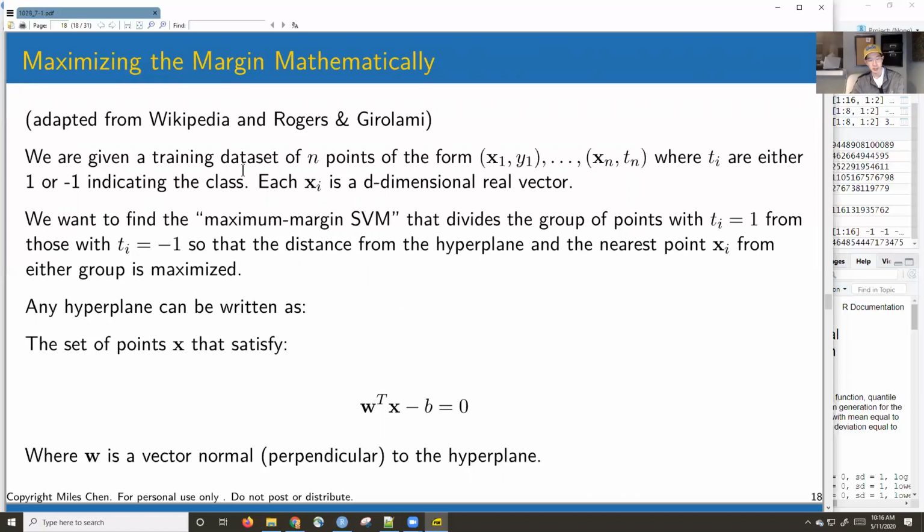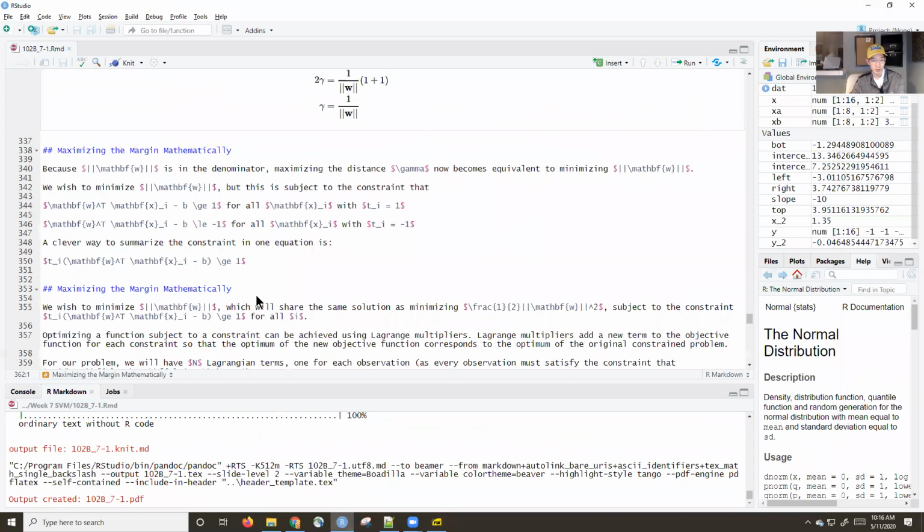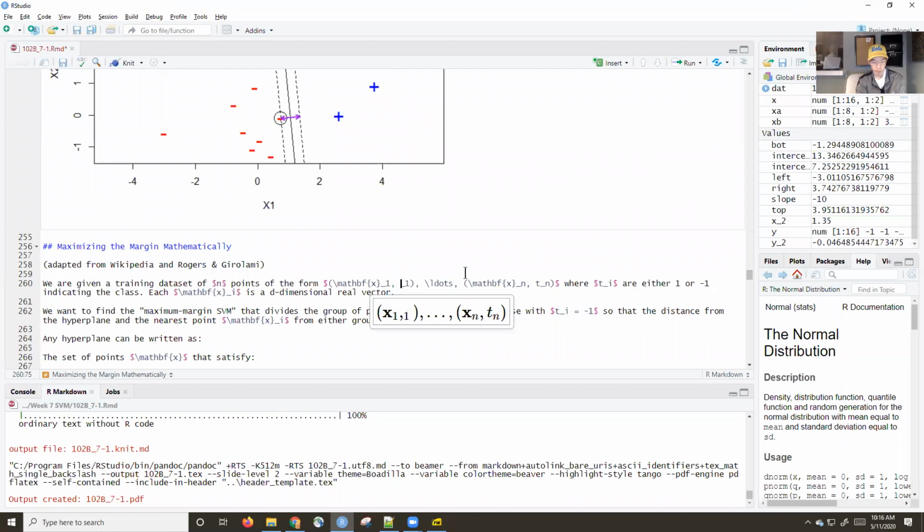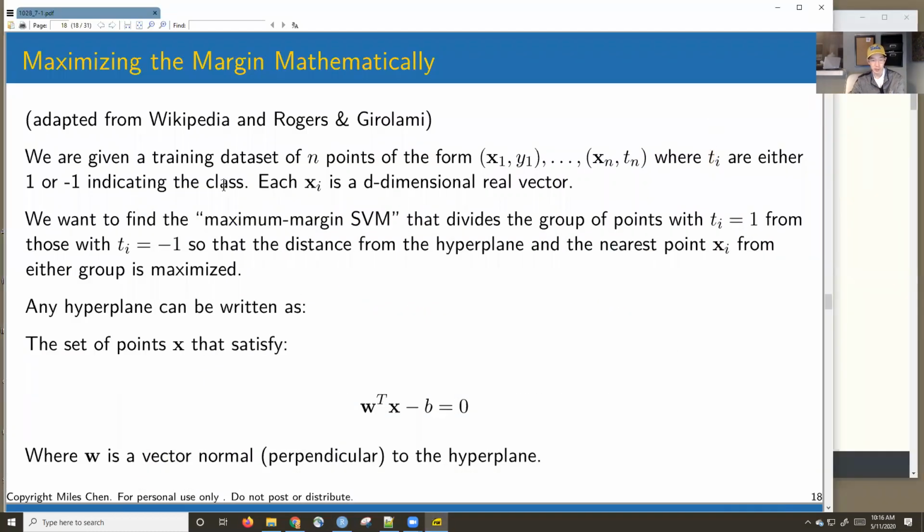Okay, we're going to say our training data has n data points in the form of x1, t1 all the way up through xn, tn, where t is the class label. So these are the class labels.